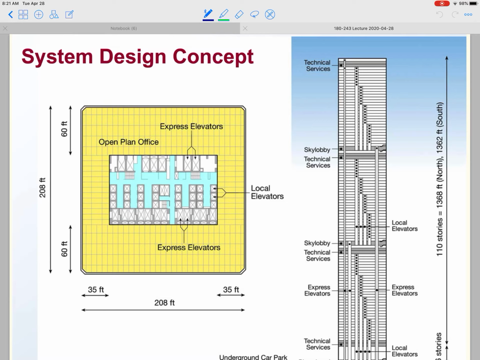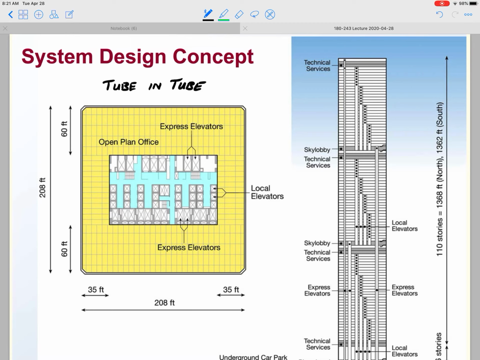So this is the design concept, and what you see here is, let me just write here, this is known as a tube-in-tube construction. Les Robertson was the lead structural engineer, and these buildings, in fact, were quite innovative for their time.